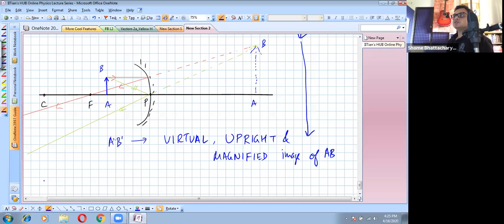Okay. So let's also do with the case of the example we had taken. So in the example we had taken, our focal length was minus 60 centimeters with sign convention. Our U was minus 45.